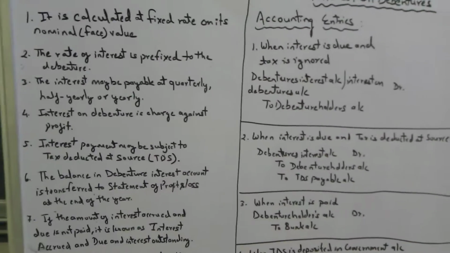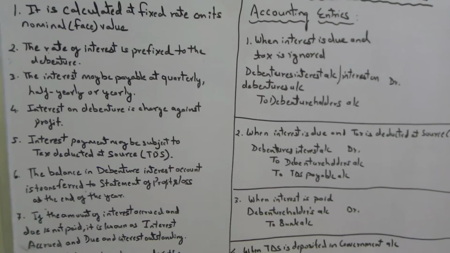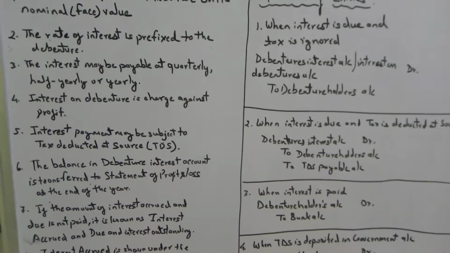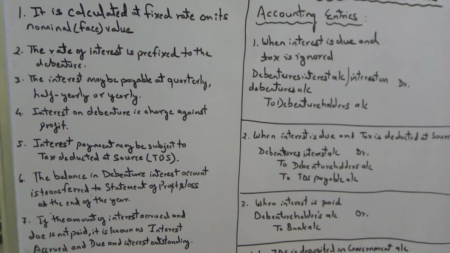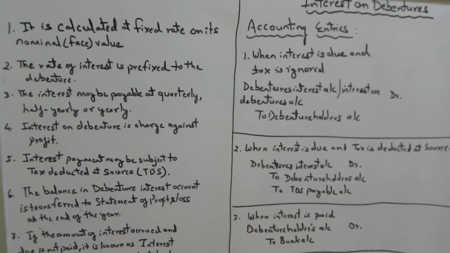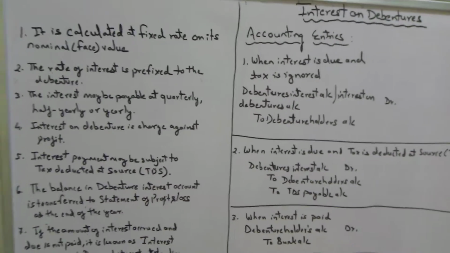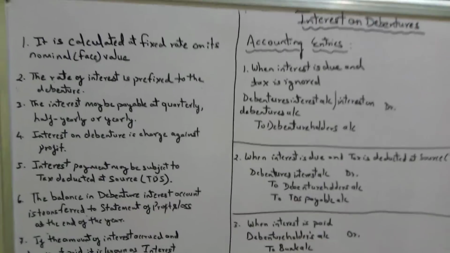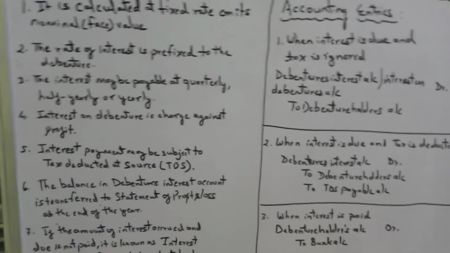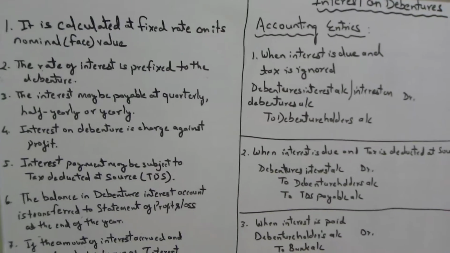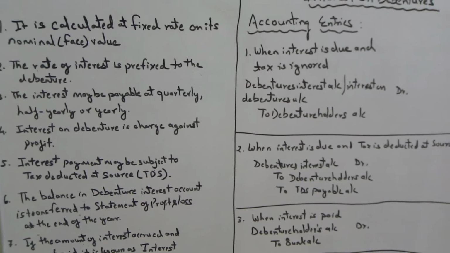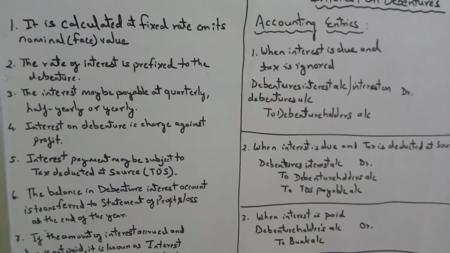Then interest on debenture is charged against profit. Interest payment may be subject to tax deducted at source. So TDS is a tax which the government imposes when your interest amount, say, goes above 10,000 in a year, then the tax is deducted in advance.